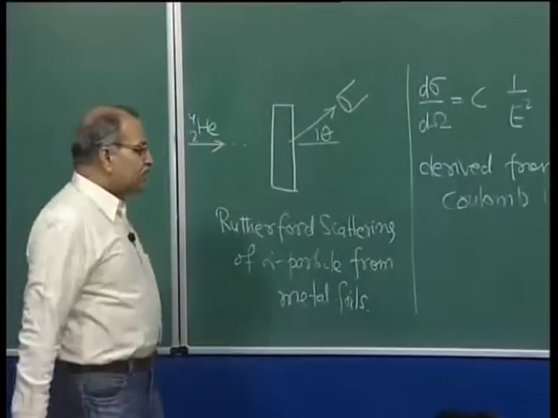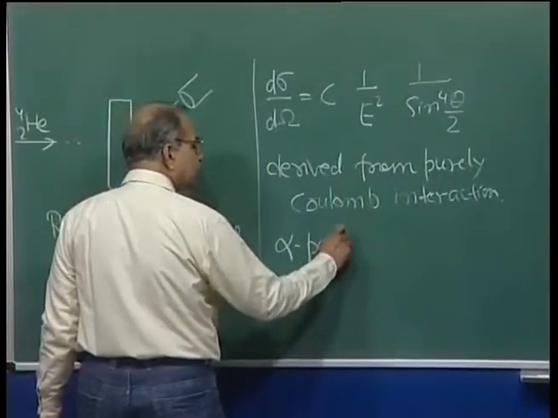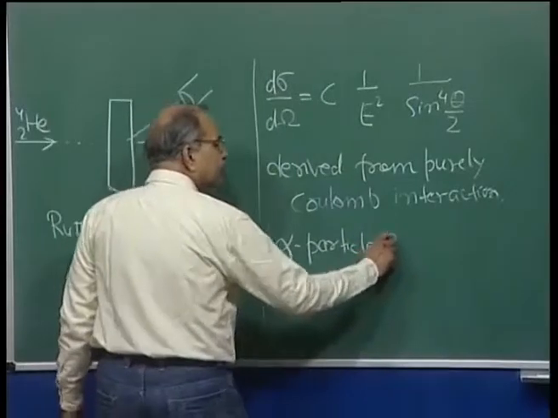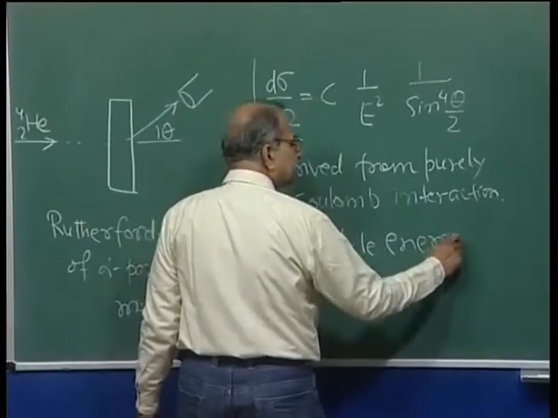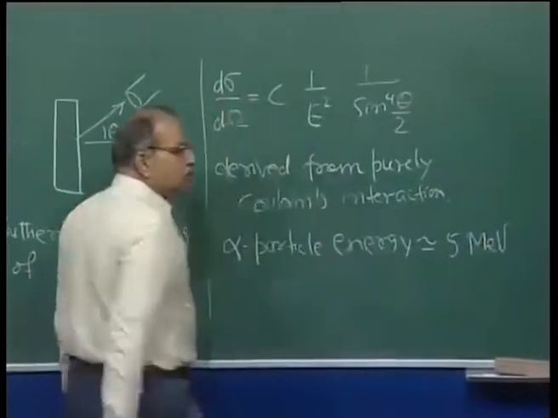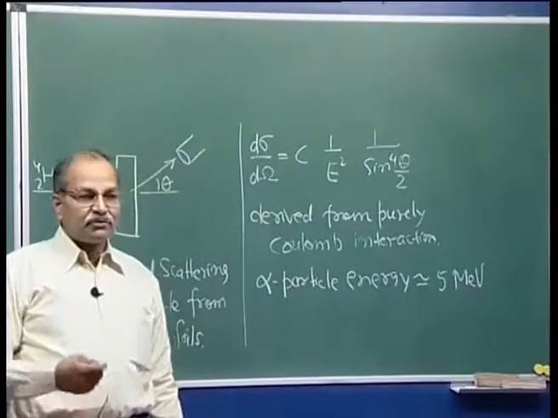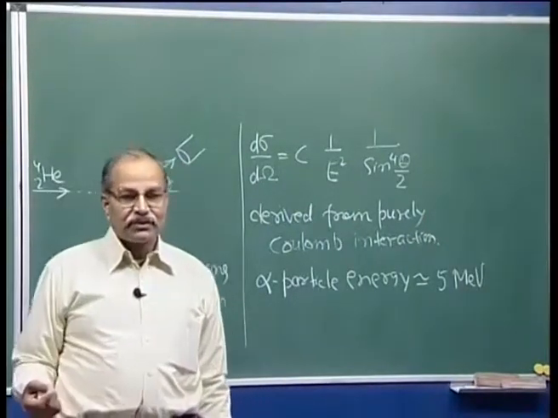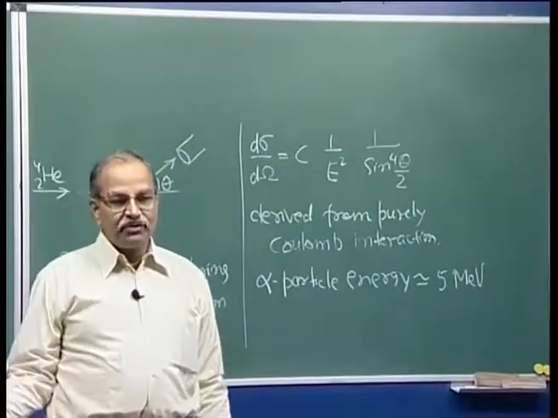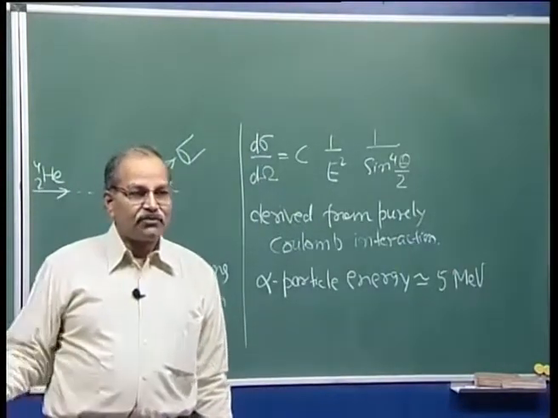Now, the alpha particle energy used in the original Geiger-Marsden experiment was around 5 MeV. We used a natural radioactive source, and from natural radioactive sources, when alpha particles come out, the energies are of the order of 4 to 8 mega electron volts.